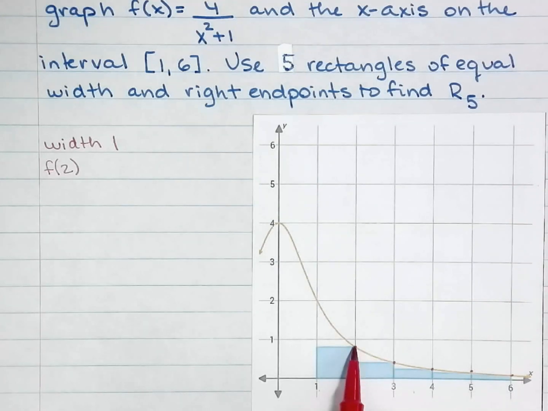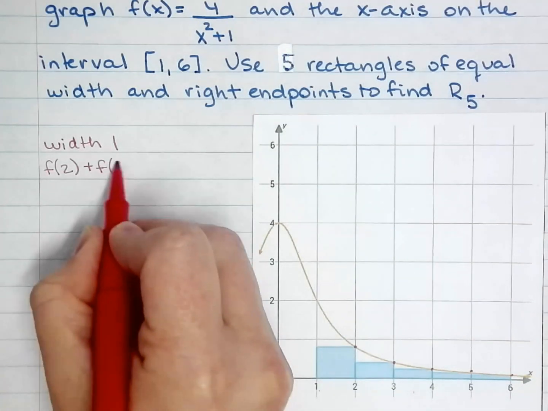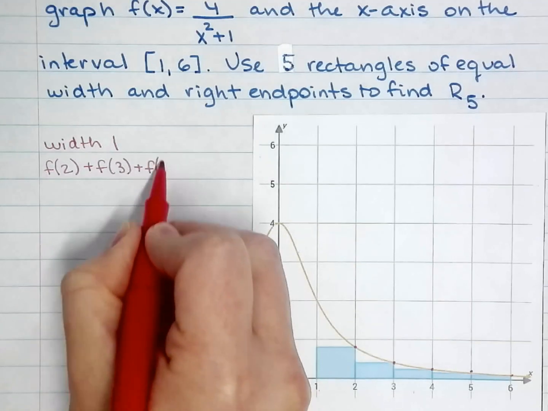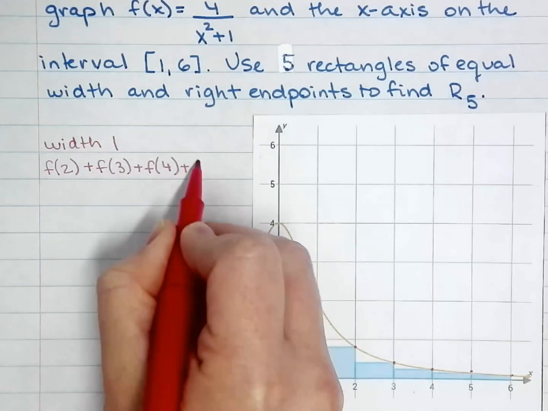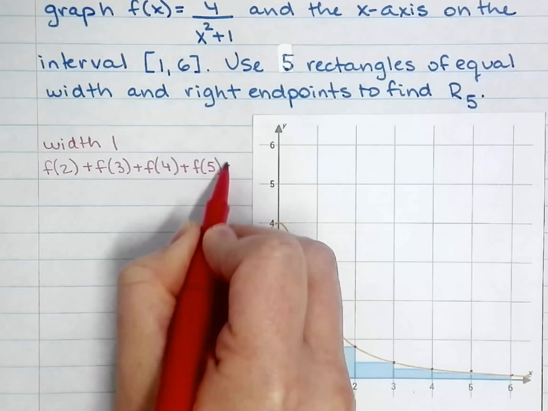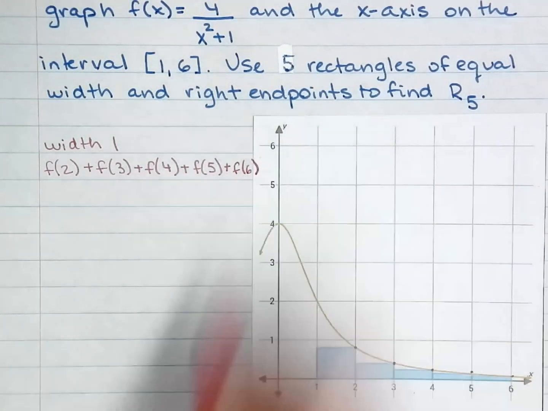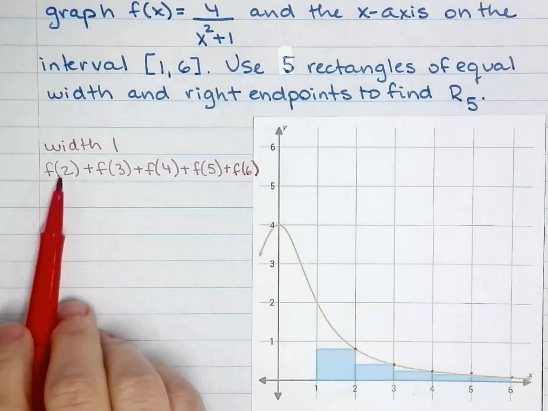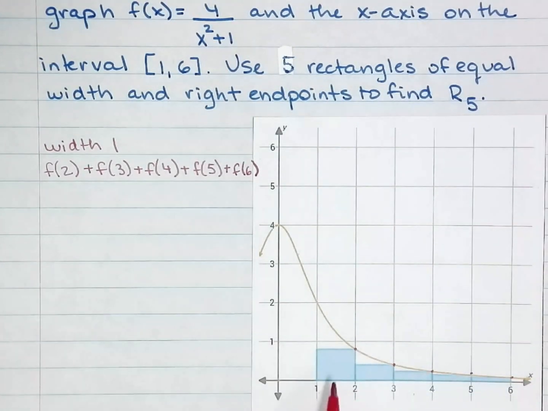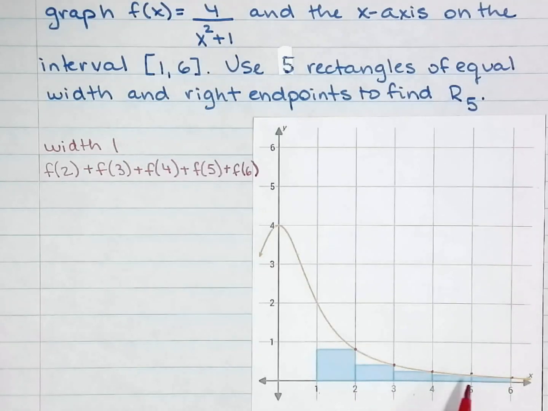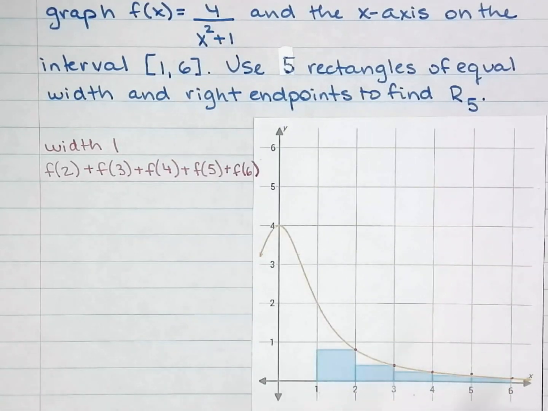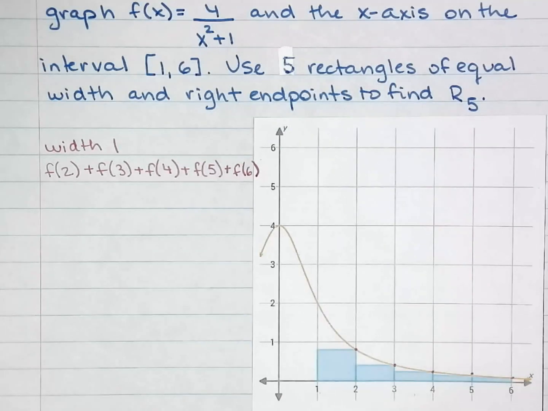So this is the first right endpoint. I'm going to look at f of 2, and then f of 3, f of 4, f of 5, and then also f of 6. The reason why I like to write it out is that sometimes you might lose count of the number of rectangles. You just get going, and then you lose focus on the mission, and your area is wrong.